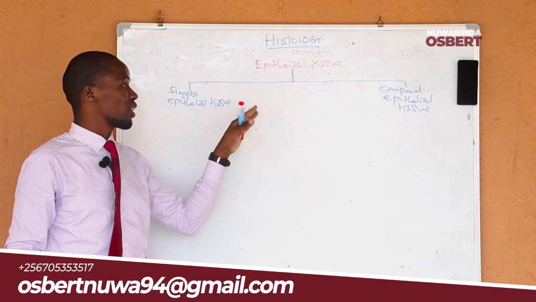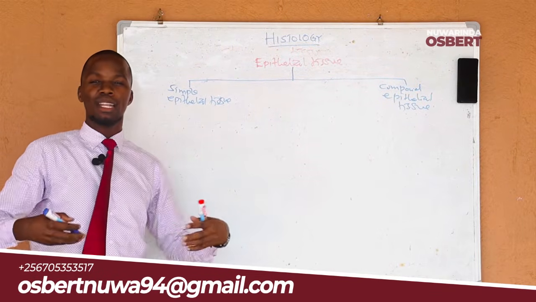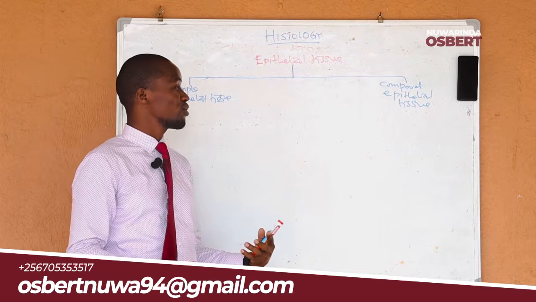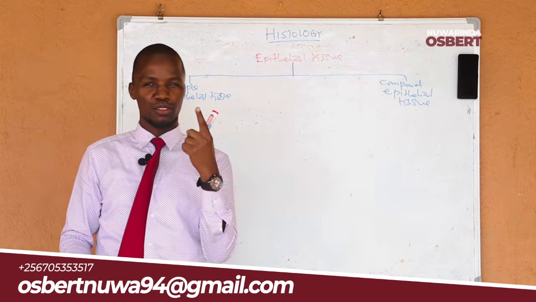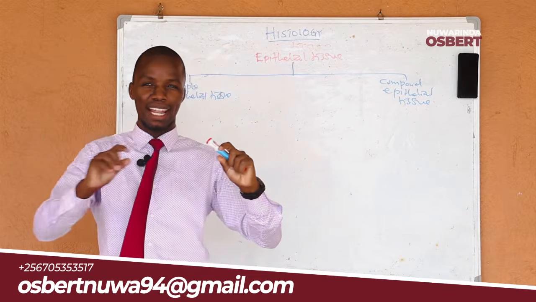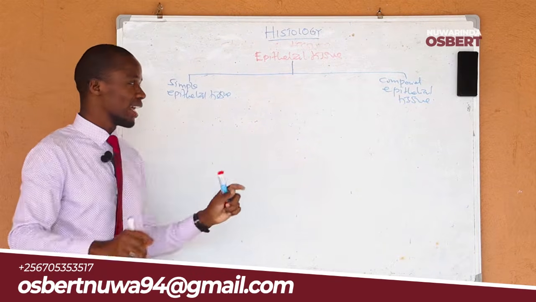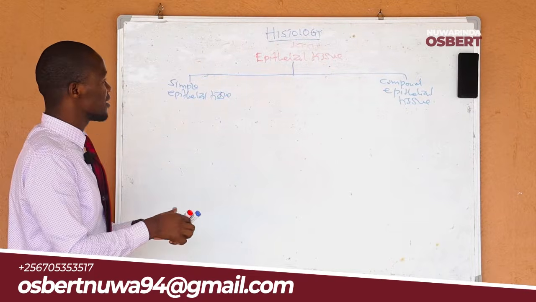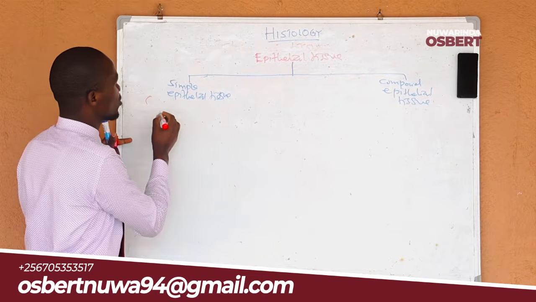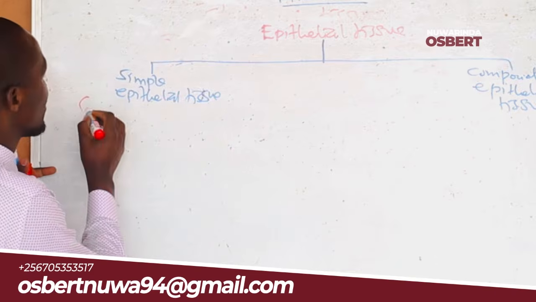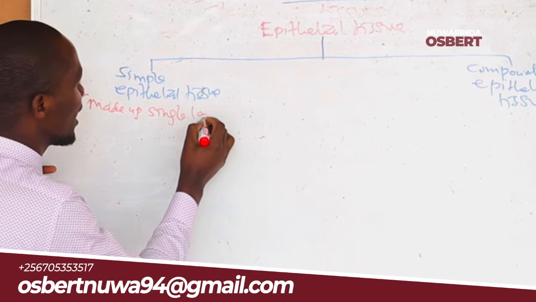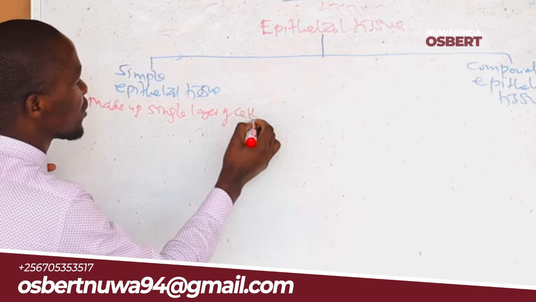We are categorizing them depending on how many layers of cells they have. For example, we have some epithelial tissues which have a single layer of cells, and those cells which form one layer are the ones which constitute the simple epithelial tissue. So in simple epithelial tissue, the tissue is made up of a single layer of cells.